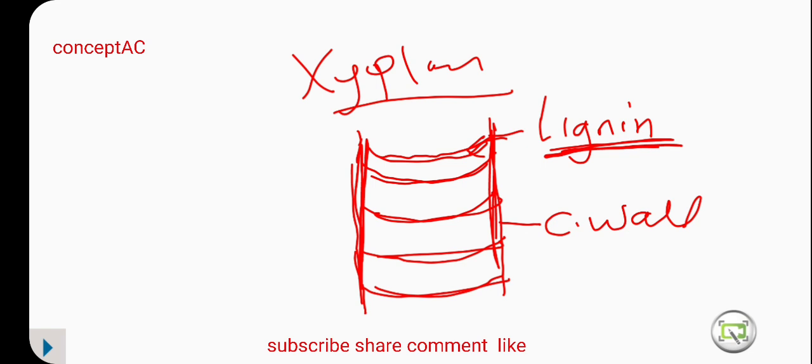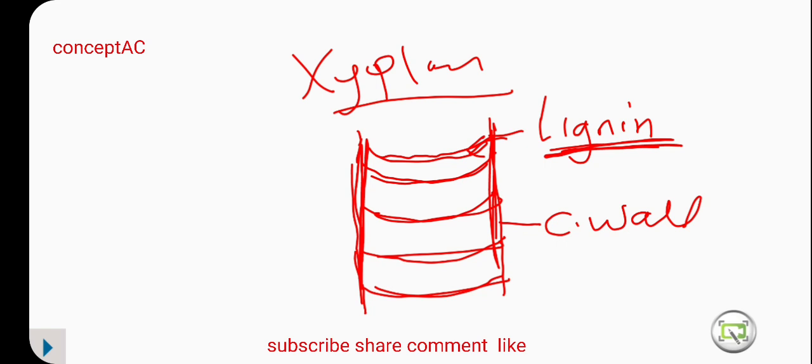Now, what makes the xylem do its function? It has an absence of protoplasm. What makes up the protoplasm? We said the nucleus, the cytoplasm, and the cell membrane. It's absent in xylem. That's why it does its function.